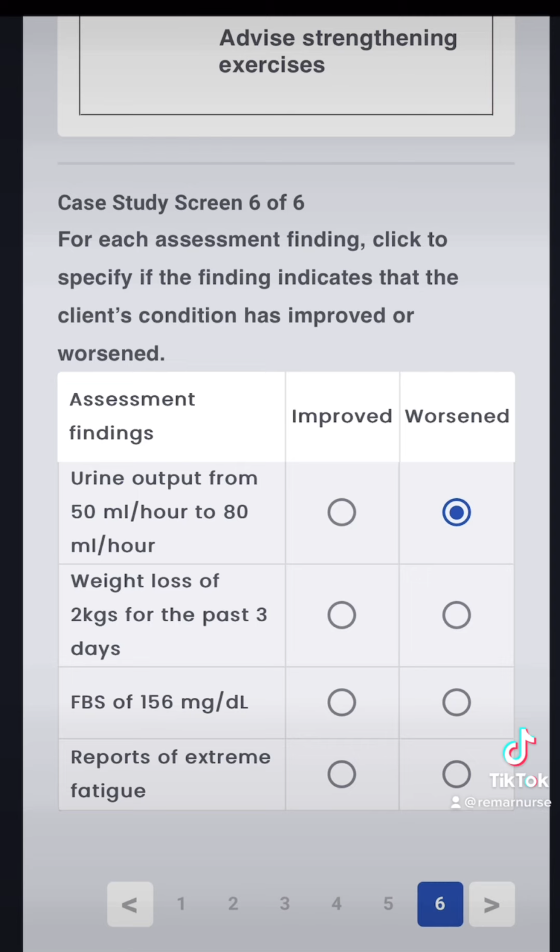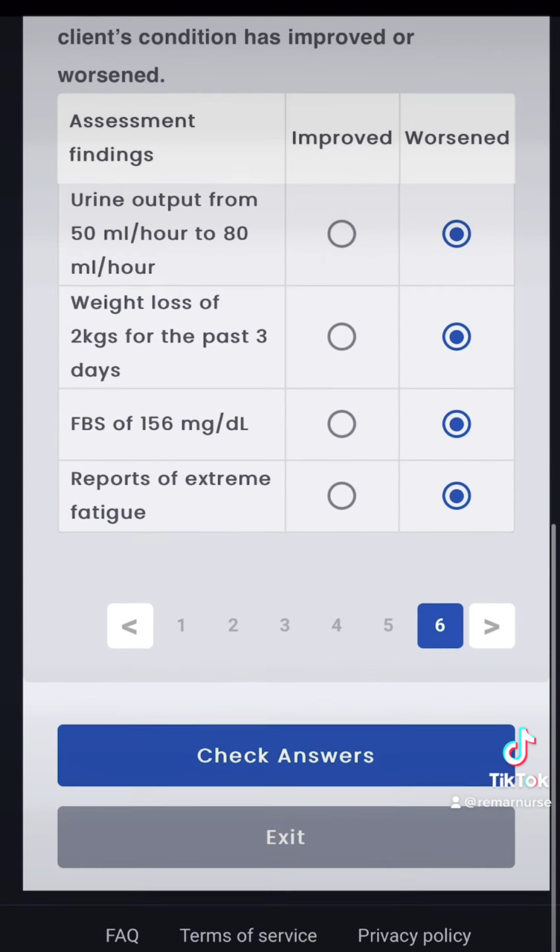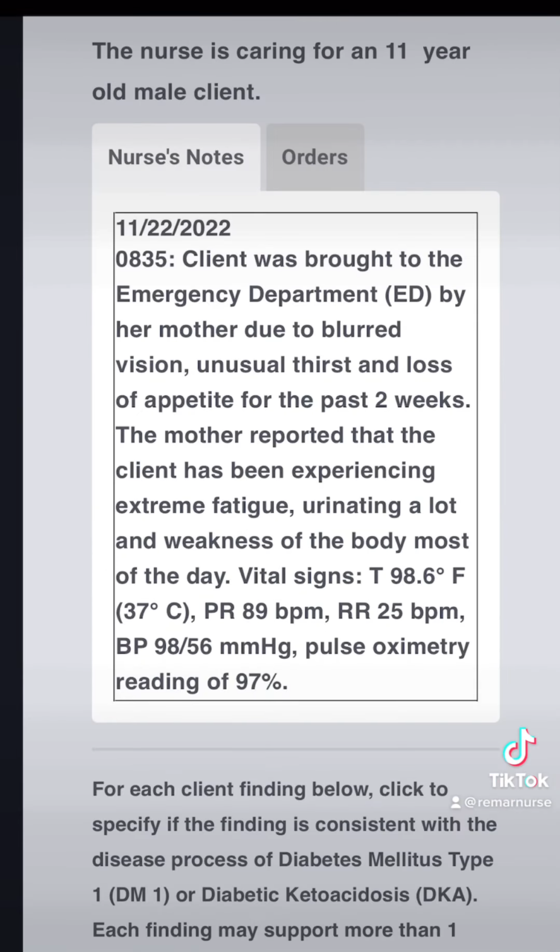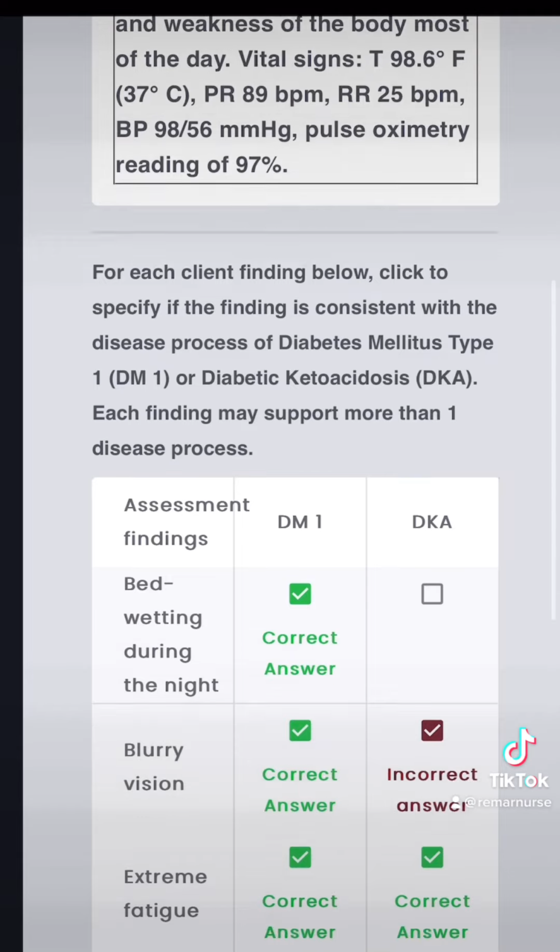So patient losing more weight, I don't think that's a great thing for this patient. So I'm putting worsen. The finger blood stick of 156, is that normal? I'm looking for less than 100, so I'm going to say that's worsened. Reports of extreme fatigue worsened. So blood stick is, I'm thinking 70 to 110.